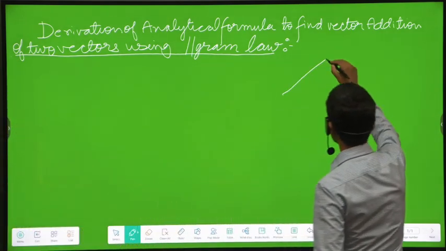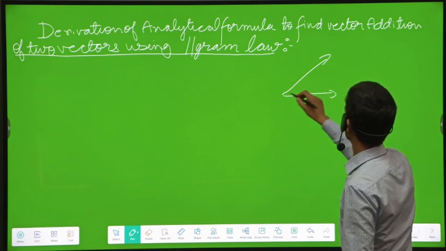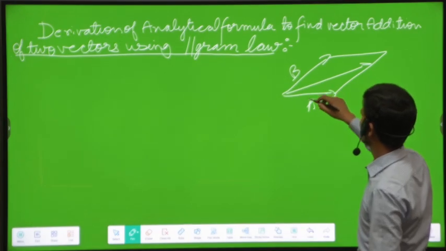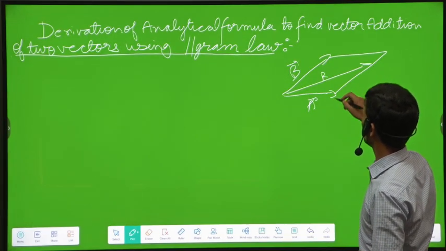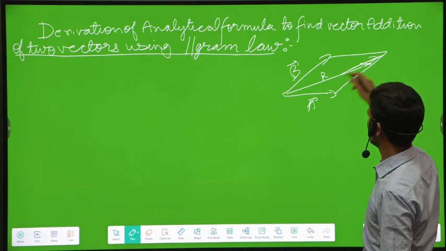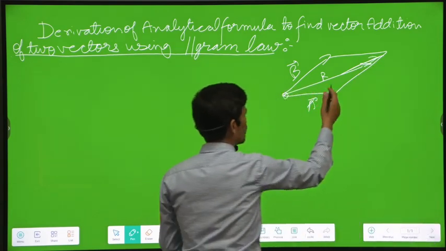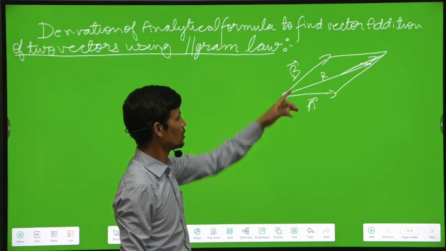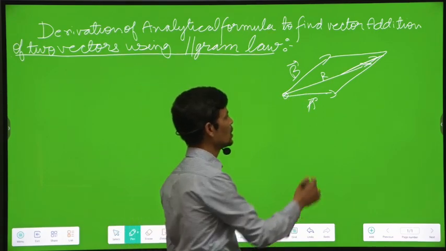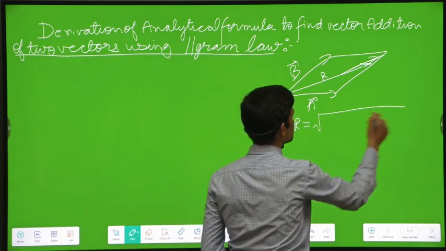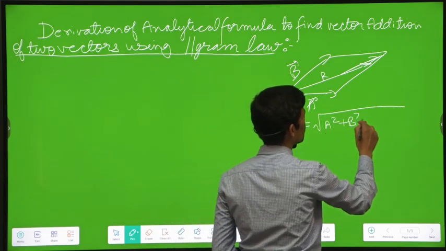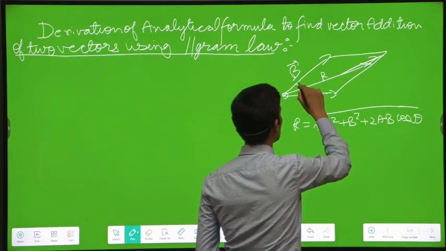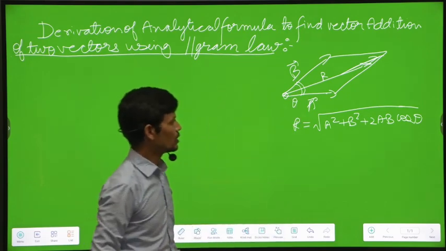Already we know that if these are two vectors A and B, their resultant R will be given by the diagonal originating from the same point as the vectors, and R is equal to the square root of A square plus B square plus 2AB cos theta, where theta is the angle between the two vectors.